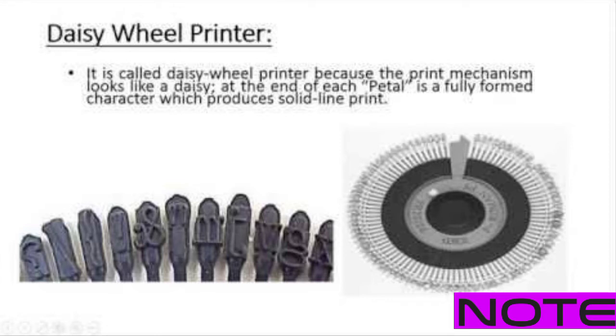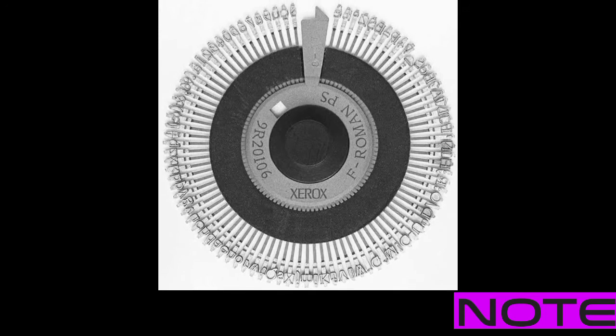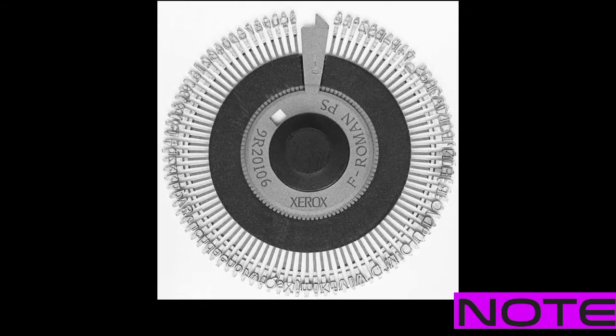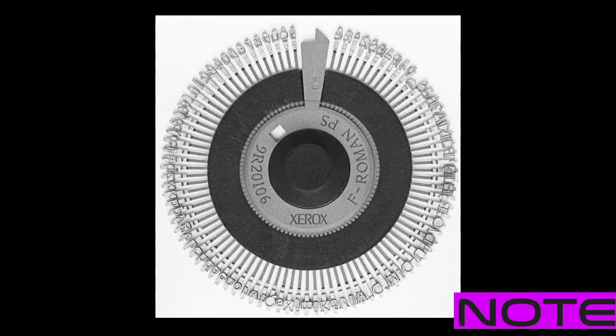Daisy wheel printer. These are character printers where a special type of wheel called a daisy wheel contains the set of characters used in the printing process. The characters are embossed on small metal plates that are mounted on the spokes of a wheel.